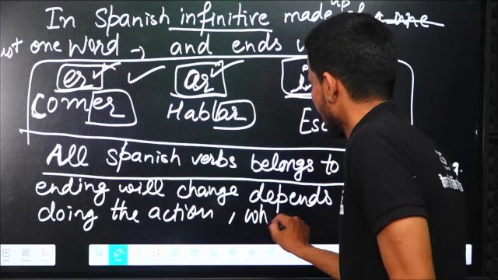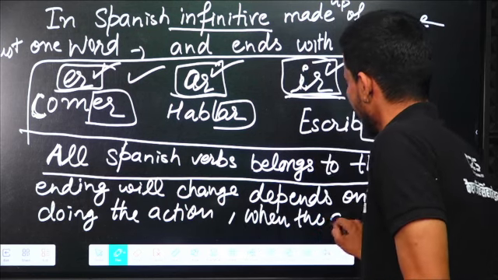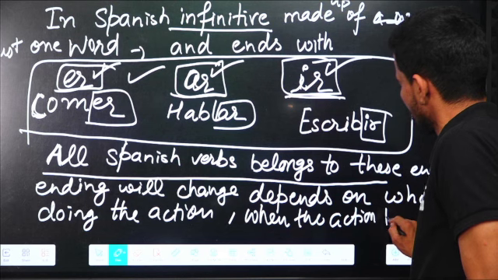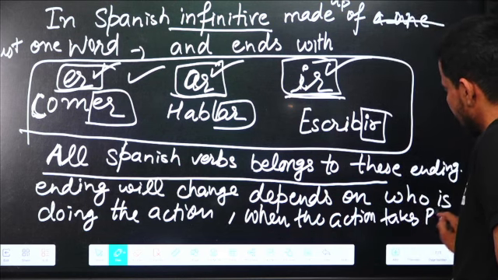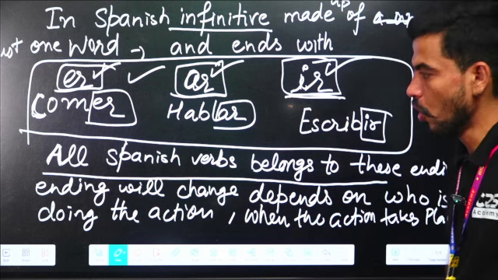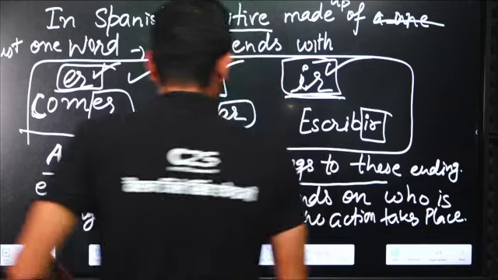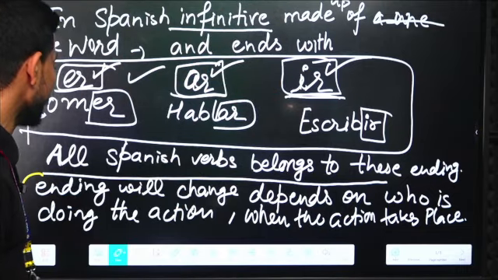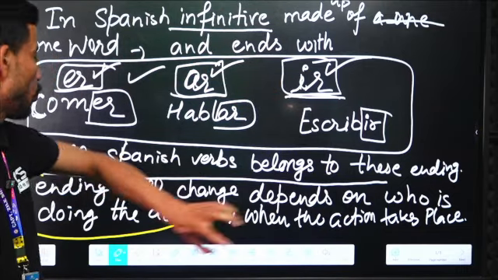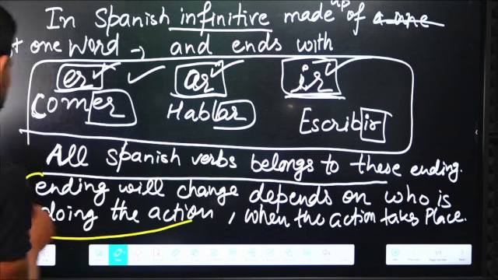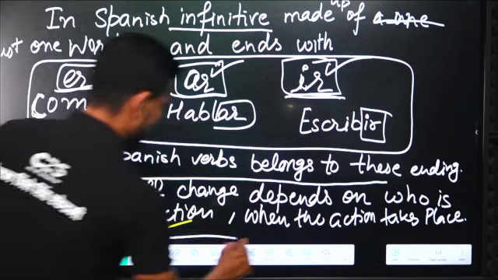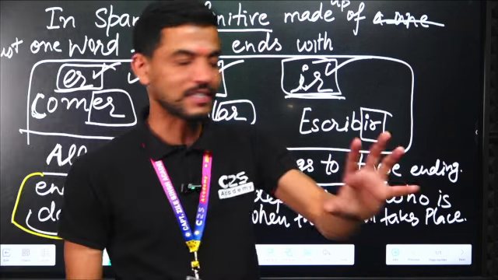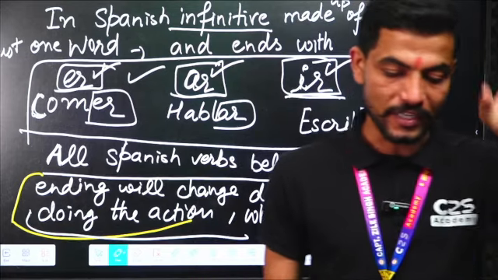This means the ending will change depending on who is doing the action and when the action takes place. So all Spanish verbs belong to these endings, and the ending will change depending on who or what is doing the action and when the action takes place.